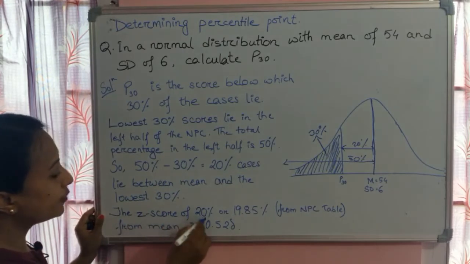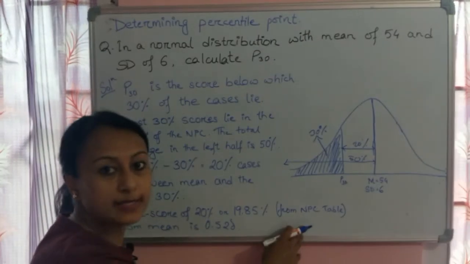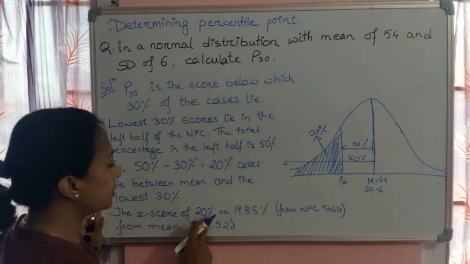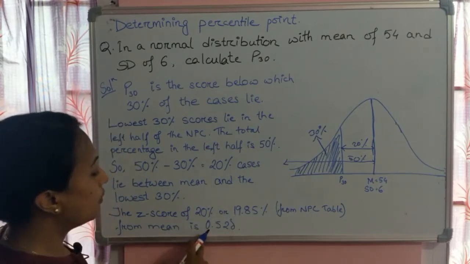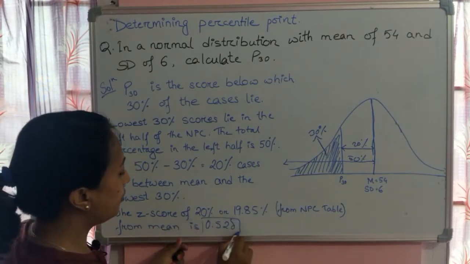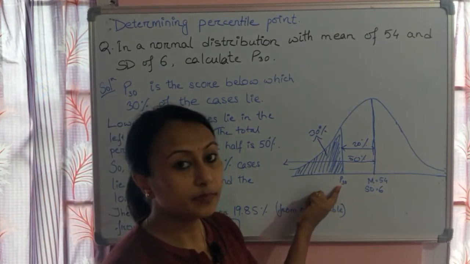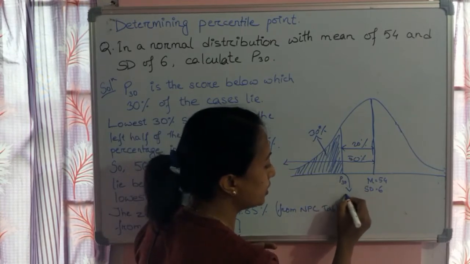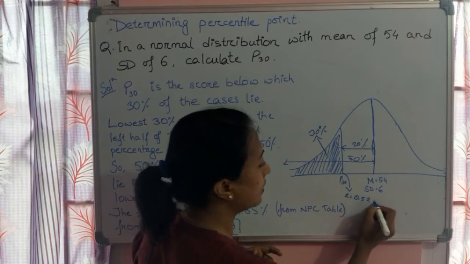The Z score of 20%, or 19.85%, from the NPC table, this you already know. The Z score of 20% from the mean is 0.52 standard deviation. So we know that for P30 we have got the Z score, 0.52 standard deviation.